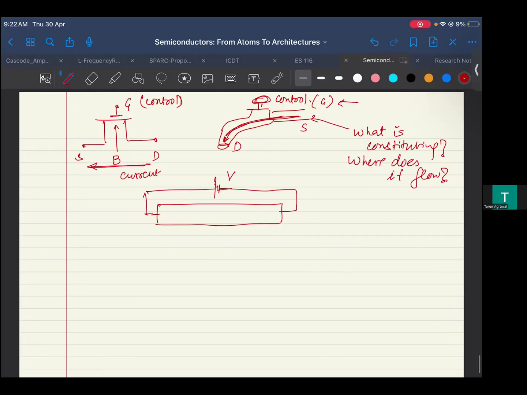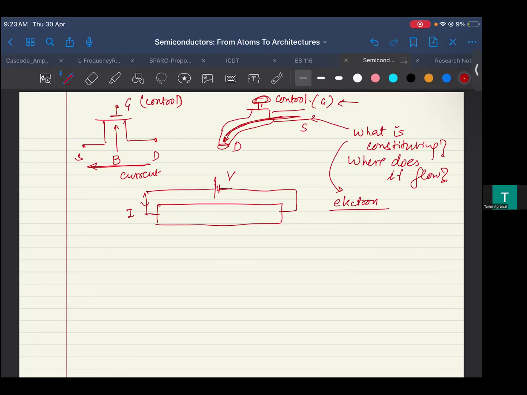You are going to see some current flowing through this material. That is one analogy of the flow of current. And we know that what constitutes the current is the electron. That is what the whole of electronics is based on.